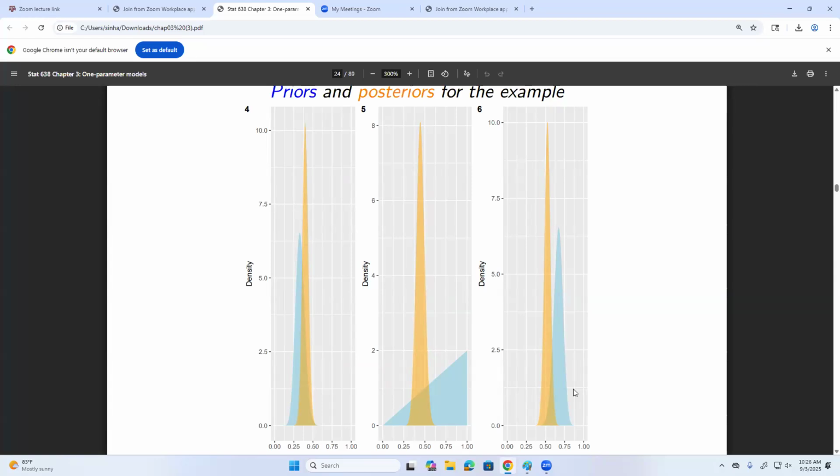If you have really strong faith in that prior, you are very confident that your parameter estimate should be in that region, then you use that prior distribution with a very small variability. But if you are not very sure about the prior distribution, then you allow more flexibility in the variance. That means a larger variance will be more appropriate in this scenario.